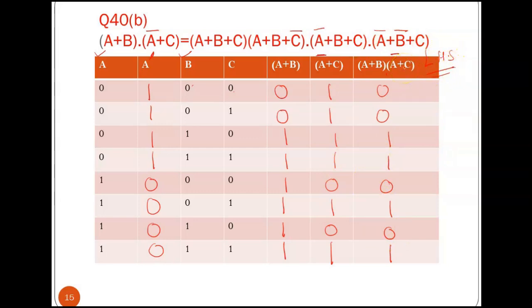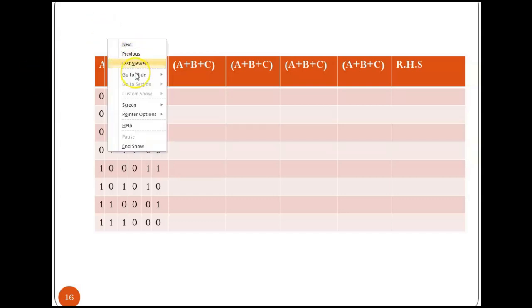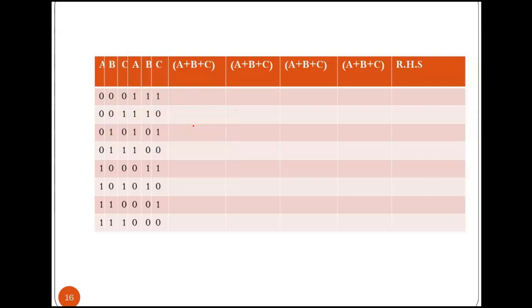Now moving to the right hand side part. For the right hand side part, I have written it here again. Let me write down the right hand side expression one more time so that we can check whether we are doing things correctly or not.